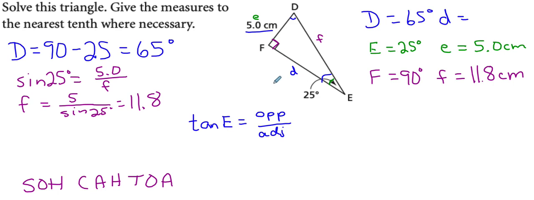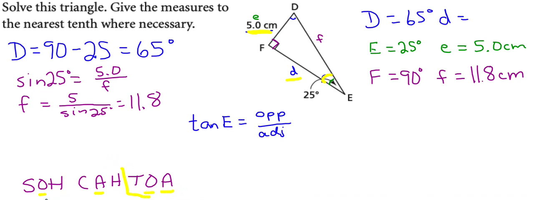Now D is our missing side. So we can find this by using Pythagorean theorem if we use the 11.8, but it's better to use things that we know for sure are true. And that is that we know this side, we know this angle for sure. So again, looking from angle E, this is the opposite side, this is now the adjacent side, and opposite over adjacent is definitely tangent.